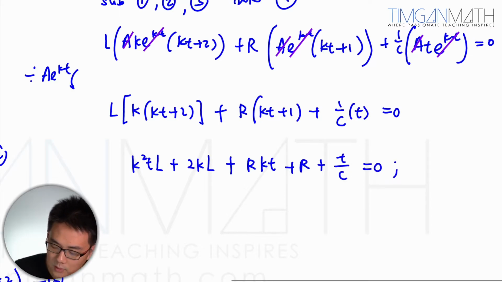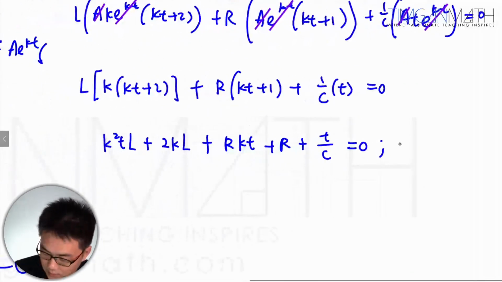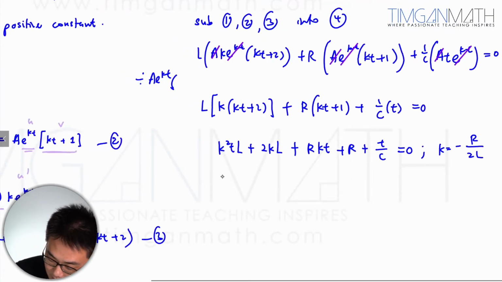equals 0. So now is a good time to sub back your k in, which is negative R over 2L. So k equals negative R over 2L. We just hope and see that it could be simplified. So this will be R squared over 4L, cancel away. I just do some mental calculation, not very difficult. So let me check first. k squared is R squared over 4L squared.